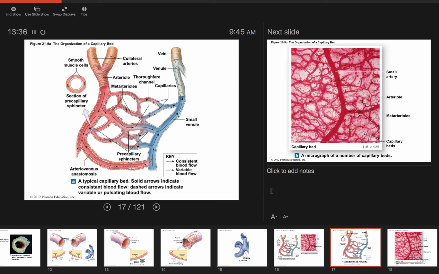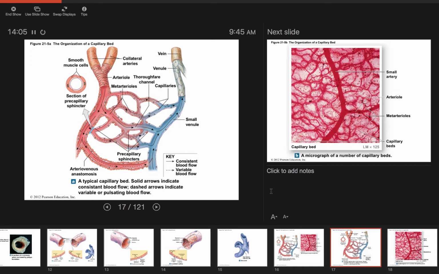So here's the arterial end of the capillary. Here is the venous end of the capillary, right? So the blood's flowing through, and it's going to flow through to the vein, and then it's going to go back to the heart, okay? As it's going through the capillaries, the hemoglobin will let go of the oxygen, and the oxygen will diffuse into the interstitial space.